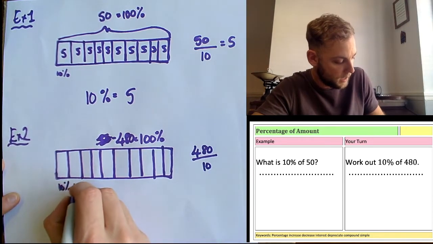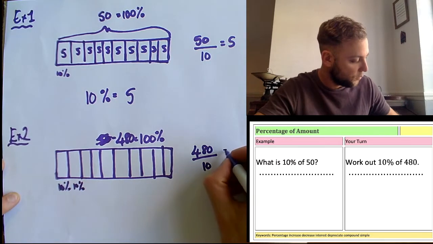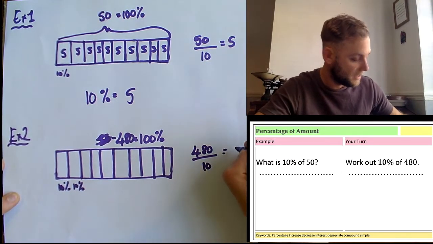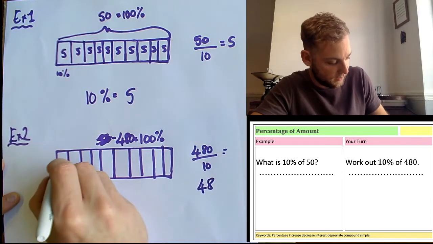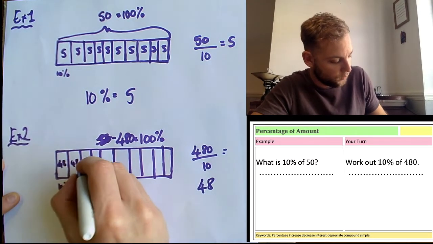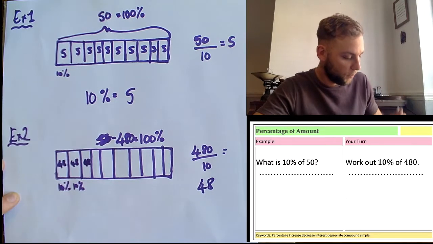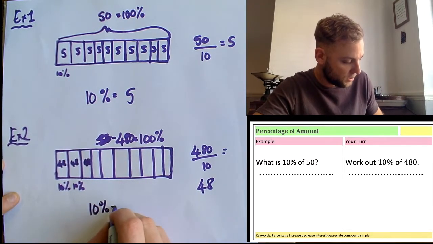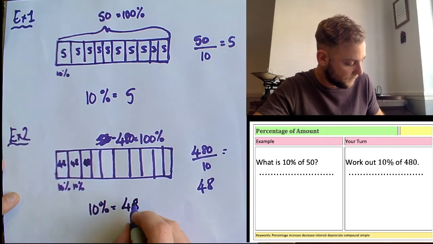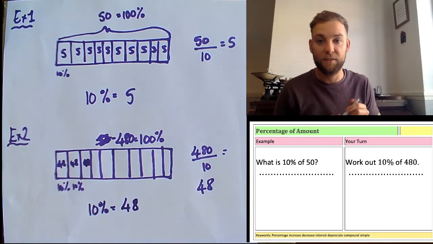Remember, each one of these is 10%, so 480 divided by 10 is equal to 48. So each one of these is 48, like so. But remember, we only want one of these, so 10% is equal to 48. Super. Okay, so that's that first one done.